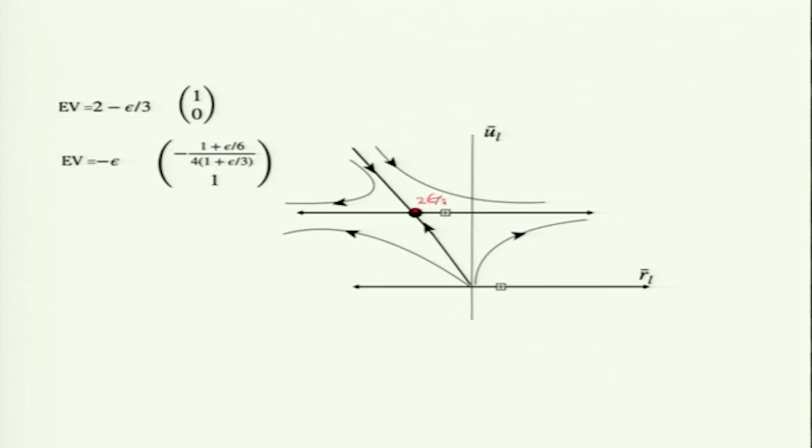So, this is 2 epsilon by 3 in the y direction, and this is minus epsilon by 6. It turns out the eigenvectors are this line 1, 0, in fact, it is similar to what we had before, and the other eigenvector is along that direction, this one. Now, it turns out 2 minus epsilon by 3 is greater than 0. So, this is the unstable direction, and this is the stable direction.